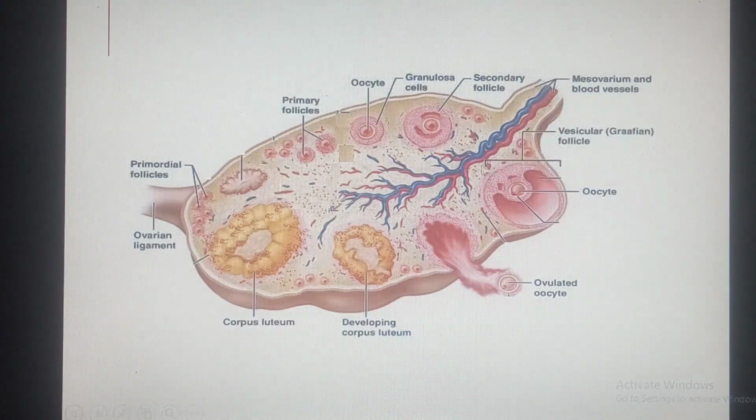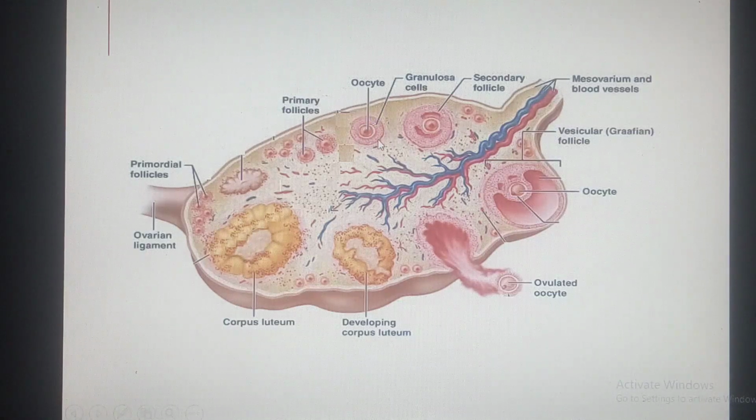But what happens is that out of this 400,000 which will be left, in the reproductive lifetime of a female, because females will go through what we call menopause, so that there's no ovulation again, there's no follicular growth again, it tells us that this kind of follicular growth is going to be limited.